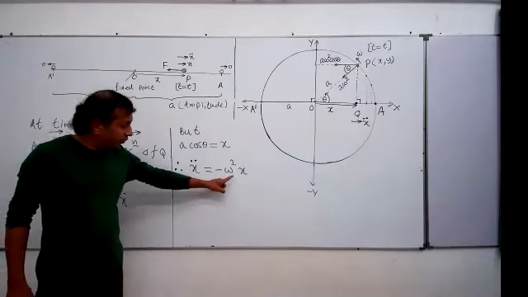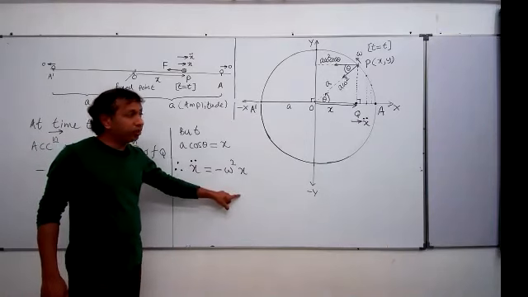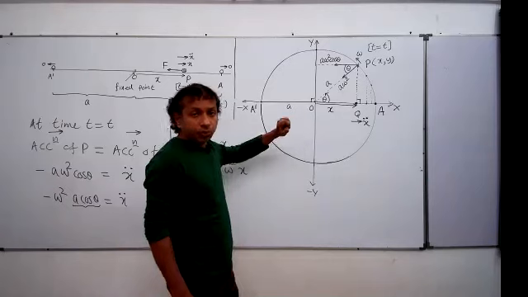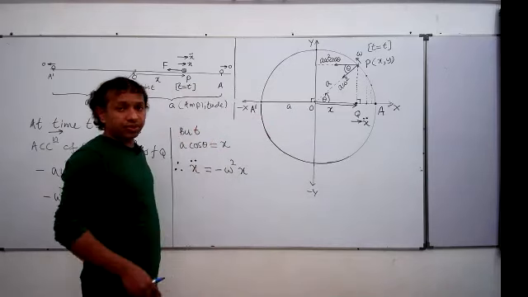Its center x equals 0 means this point. The point Q moves between A and A dash.